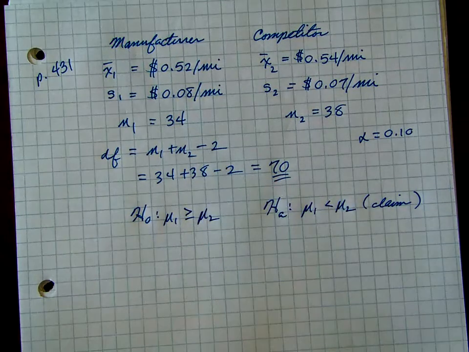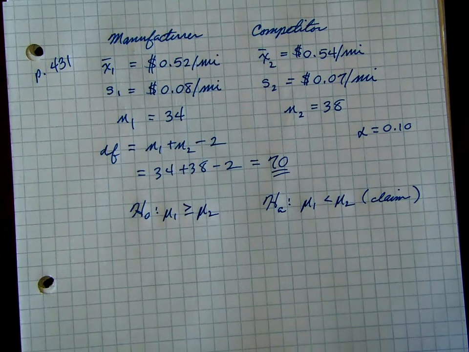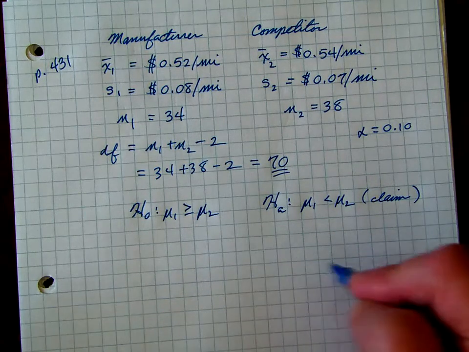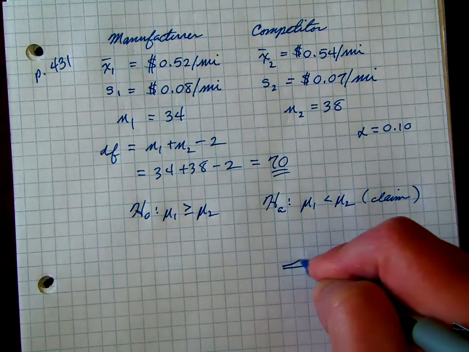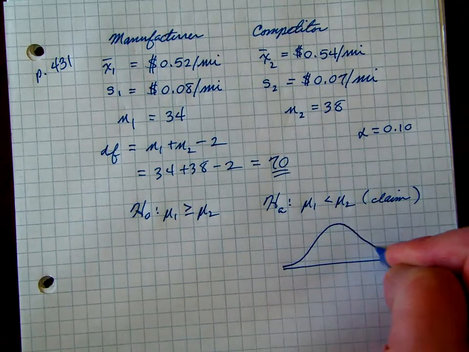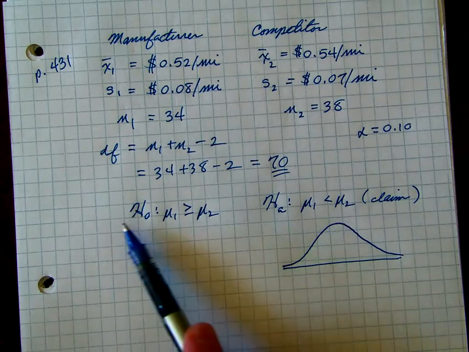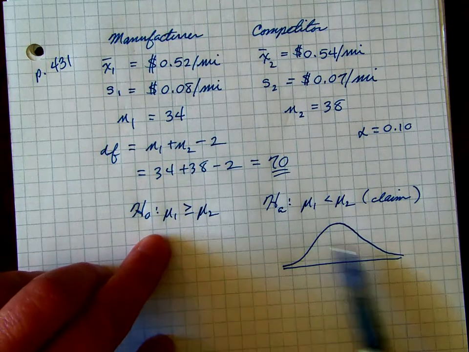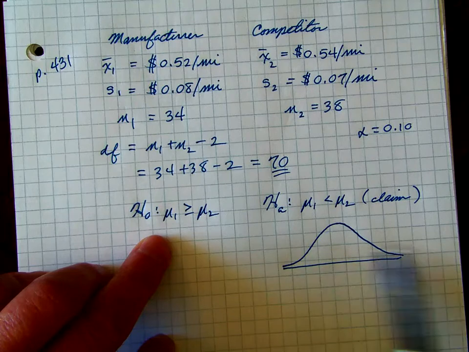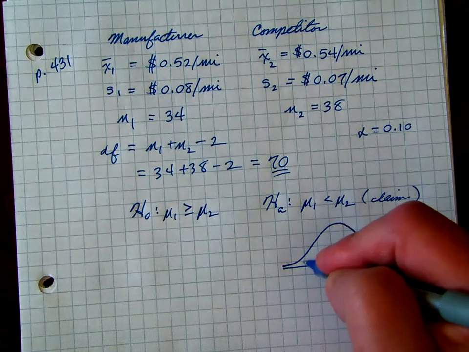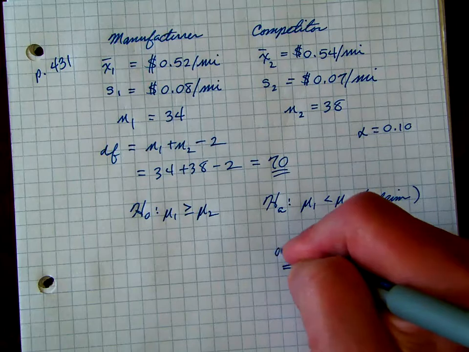If you check for the rejection region, remember, this is one-sided. It's a one-tail test. Because the null hypothesis says that mu1 is above here, to the right, our rejection region is 10% down below.